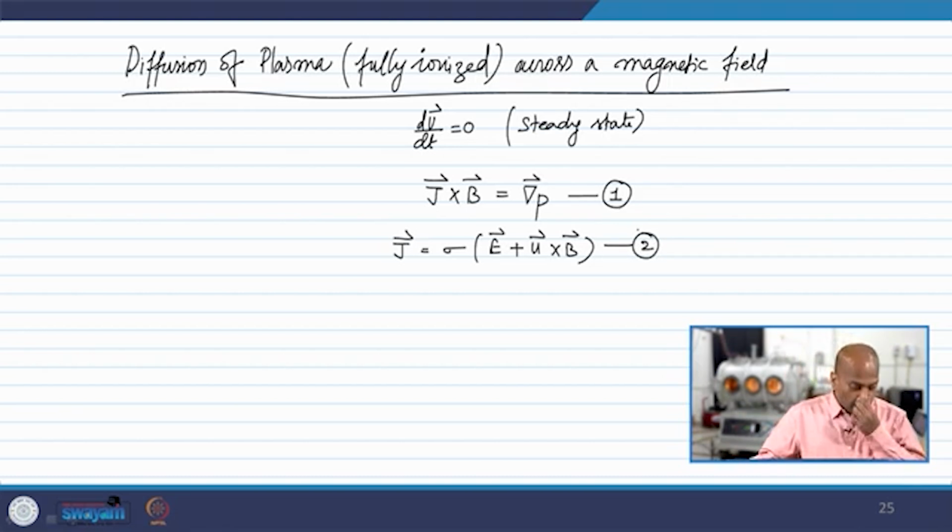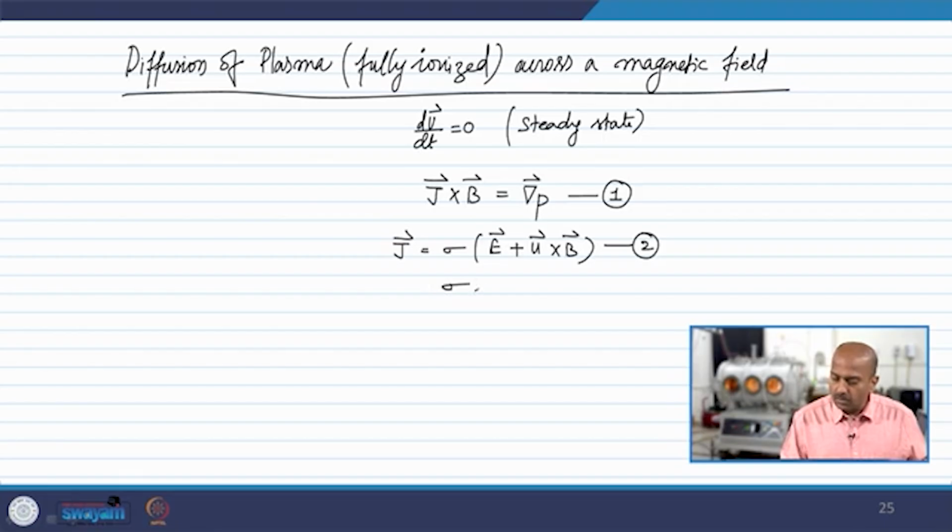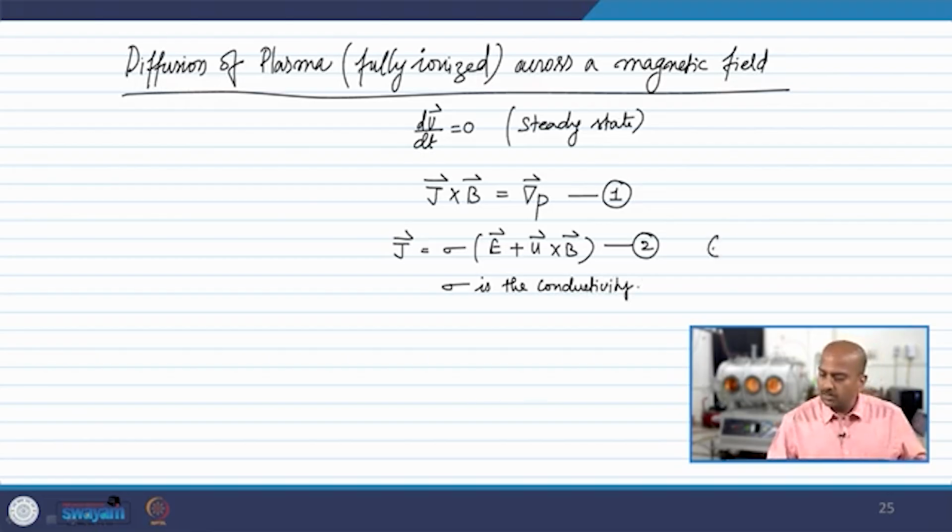While we wrote equation number 1, we do not know what J is, or at least how J can be evaluated. What is sigma? Sigma is the conductivity. So this is the generalized Ohm's law.